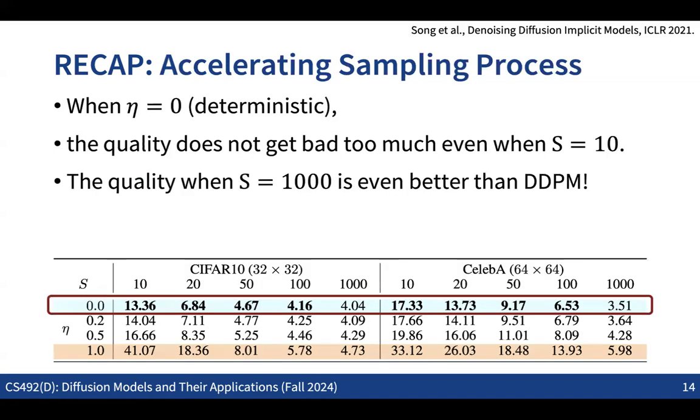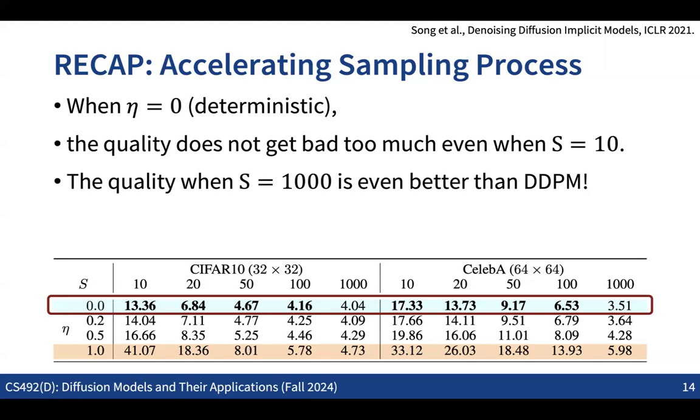So this is the table that we have seen last time. The parameter eta here shows the stochasticity from the fully deterministic to the fully stochastic case, right? And we are also decreasing the time steps from 1,000 to 10 here.